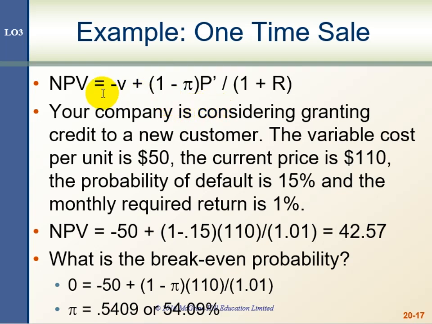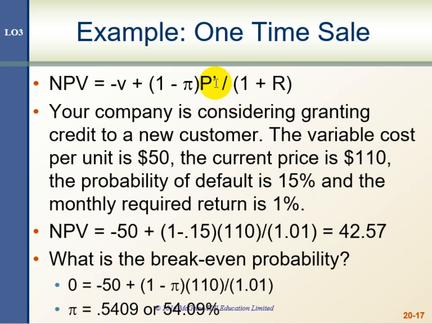So here, as part of the net present value calculation, we pay the variable costs, plus we have the probability of receiving P prime, the price. So the probability of default is pi. In this case we have a probability of default of 15%. We have an 85% chance of collecting and a 15% chance of not collecting P prime, which is the price.